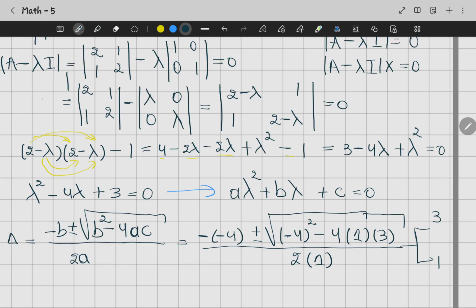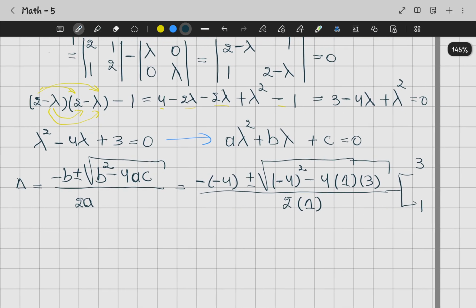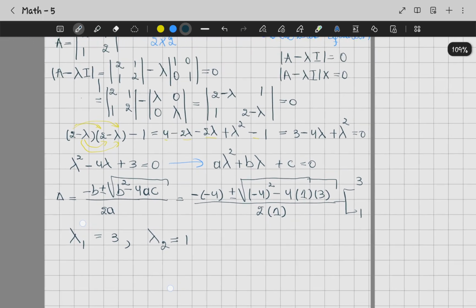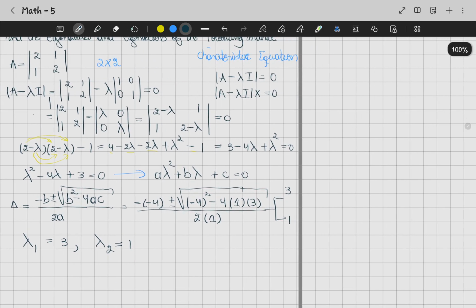So that's our eigenvalue that we just got. What we know is that we get this eigenvalue and then that one. Those are the two eigenvalues, and then we plug them in. We're going to work with this second formula.